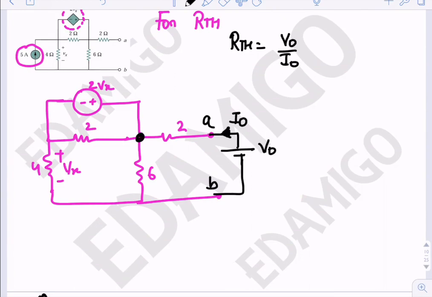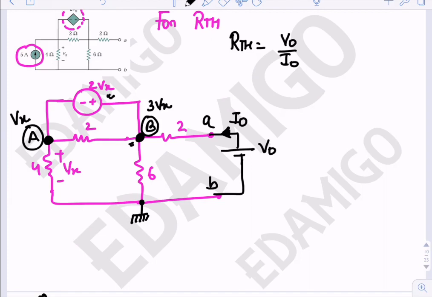We can see that at this node A, this is node B, we say that this is grounded. Node A is at Vx voltage, node B is at 3Vx voltage, because this is Vx, this is 2Vx, so this is 3Vx.